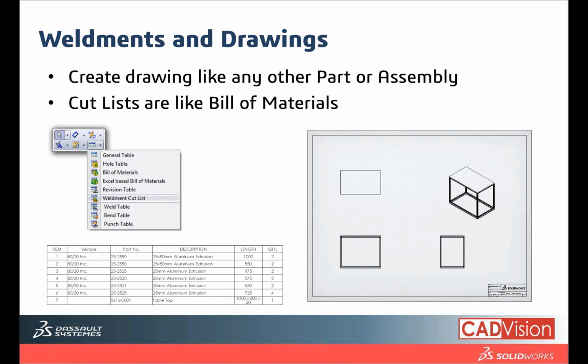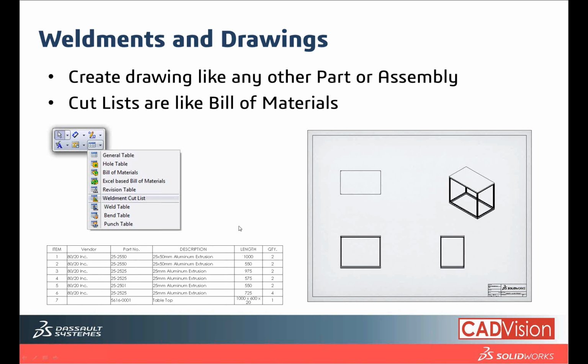The next thing will be calling out the cut list. The weldment cut list, or you can name it as your BOM for multi-body parts. BOM is for assemblies, cut list is for multi-body parts. It's the same. You will have these tables, the item names, the vendors, the part numbers if you add them in, or you can even right click and add in custom columns here.